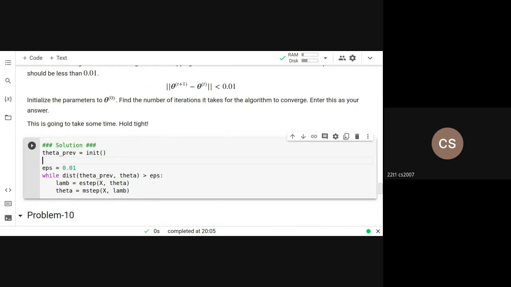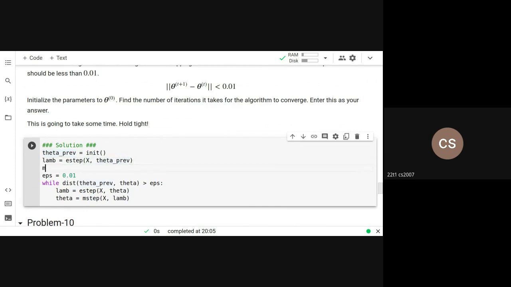So if I do the E step with theta previous, I will get lambda, and if I use this lambda to do an M step, with x comma lambda, I will get my theta current, right?